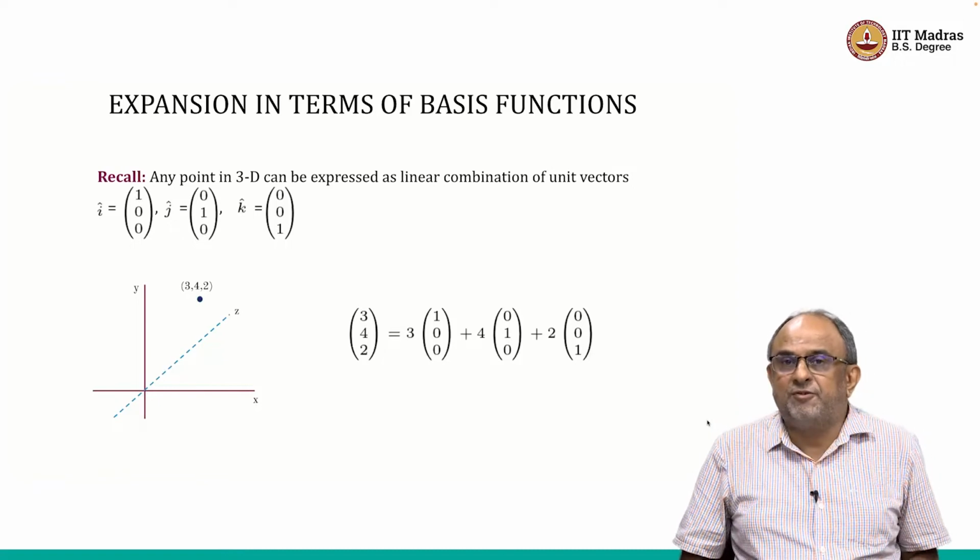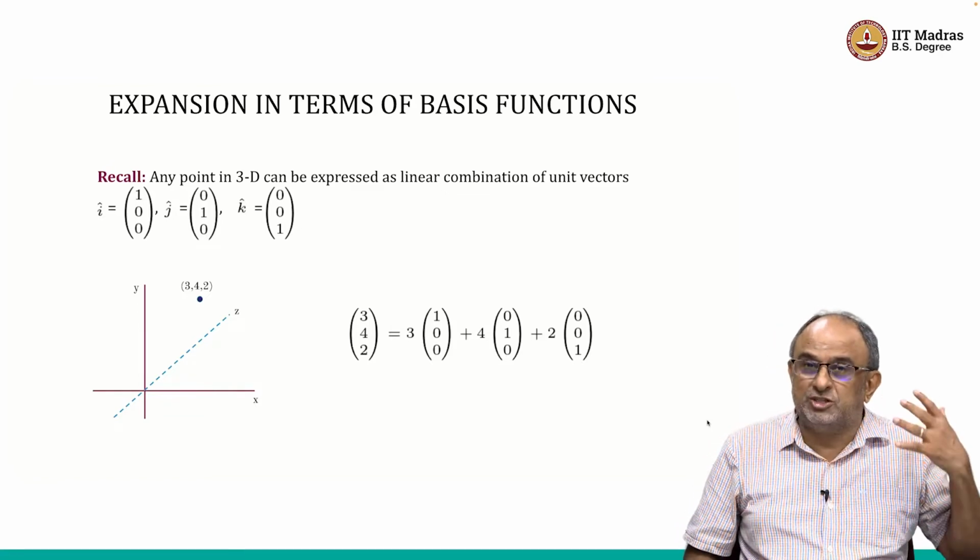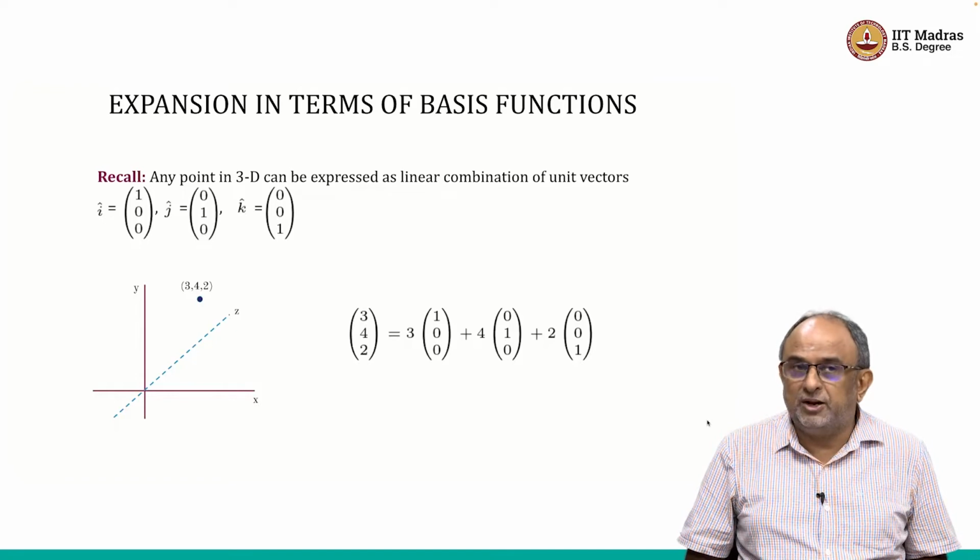And similarly, if I have a 4-dimensional space, I need 4 independent vectors, and I can write any point in the 4-dimensional space, which is hard to visualize, as a linear combination of them.